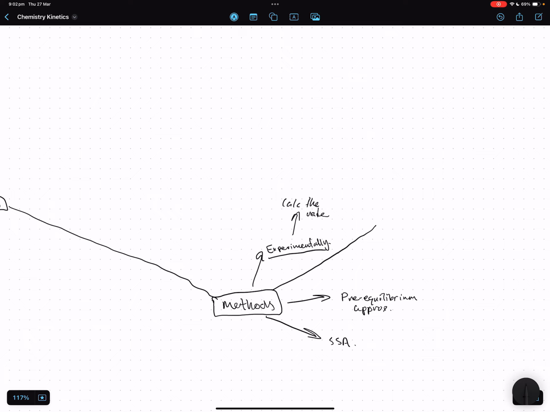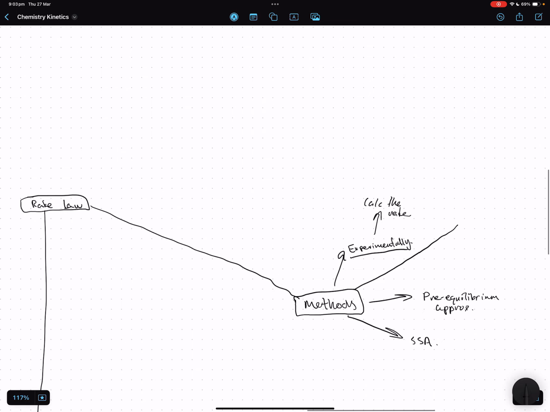You can determine the values of k, because there's a formula you can work out generally.